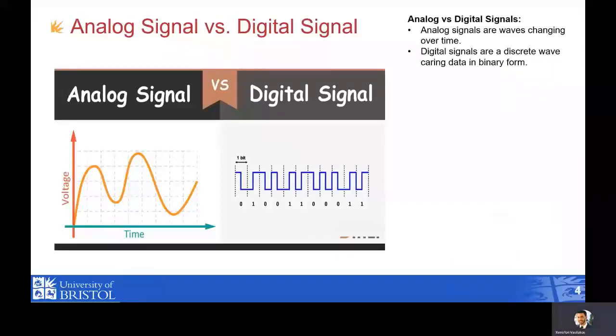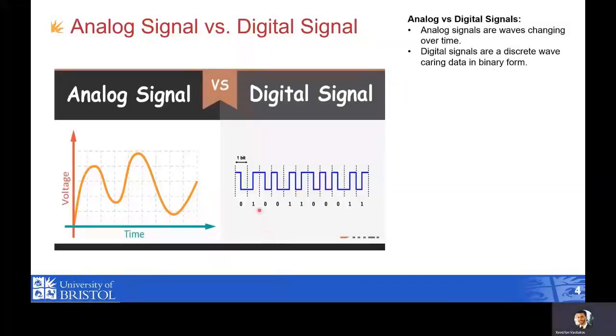Now, in order to get a better understanding, let's focus on this example of an analog signal on the left and a digital signal on the right. The basis of this difference is that an analog signal is a continuous wave, as you can see in this example, and that this continuous wave changes with time.